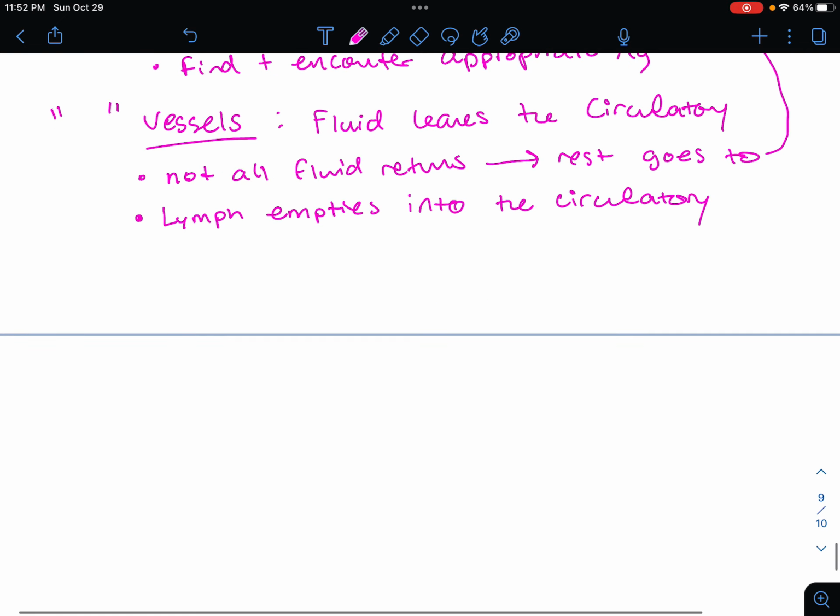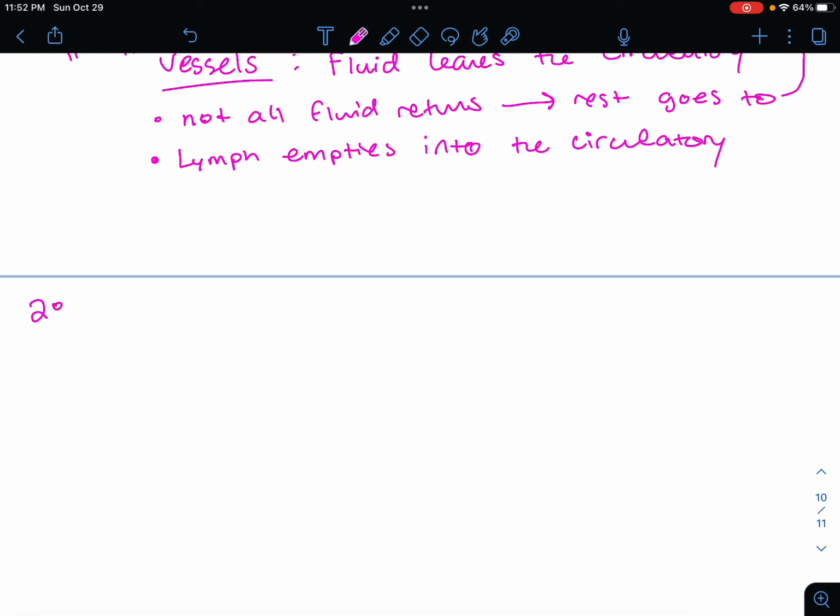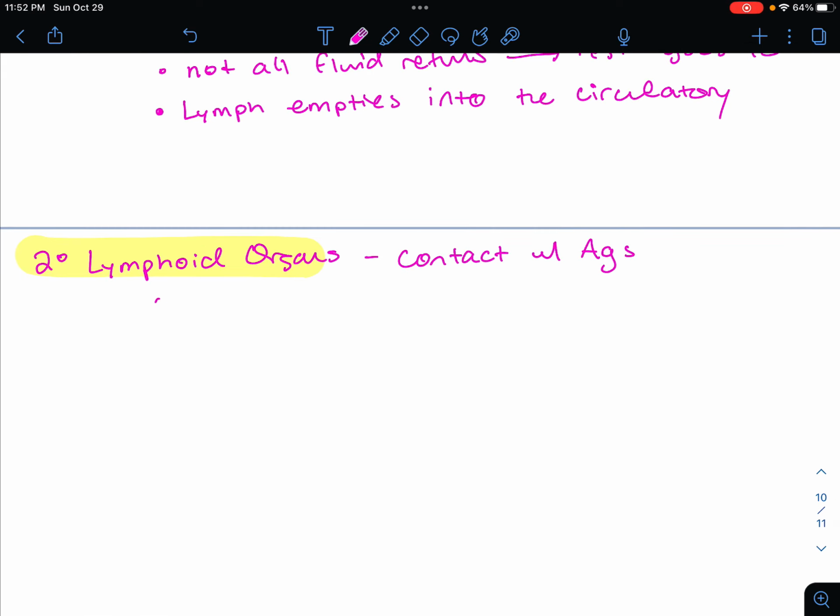We also have secondary lymphatic or lymphoid organs. It's taking a bit of time, but we're going to try and get through everything. This is where contact with antigens happens. And these will be, of course, the nodes, the spleen, and the tonsils.